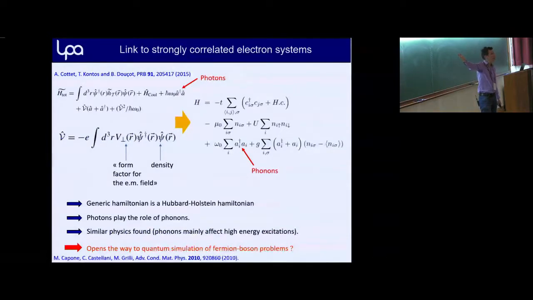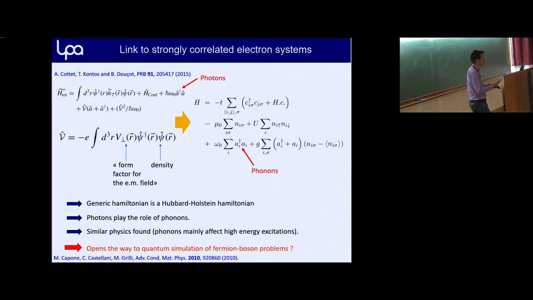If you make the analogy between the photons and the phonons, you see that, for example, you can have some interaction mediated by the photons. But the phonons themselves are there, right? You don't really control them. And here you could imagine doing something to the photons, to engineer some kind of interaction which would be difficult to unravel in a real condensed matter problem.